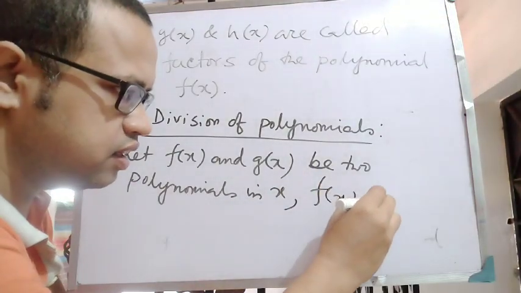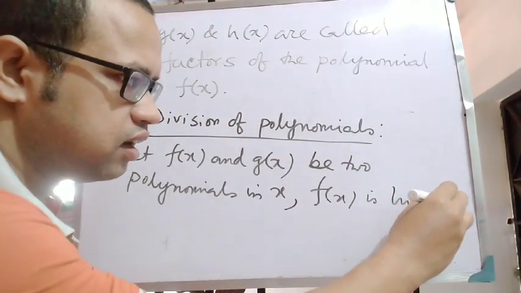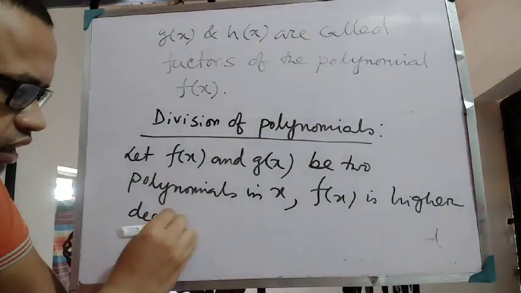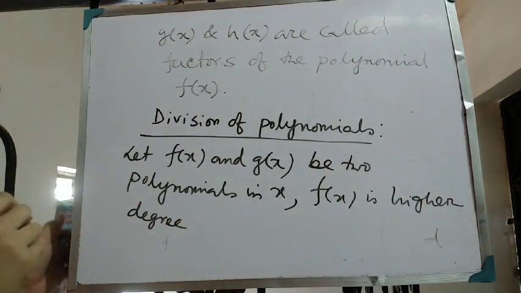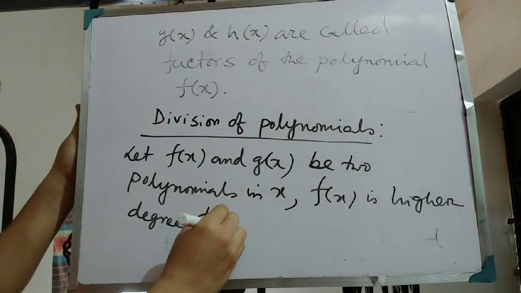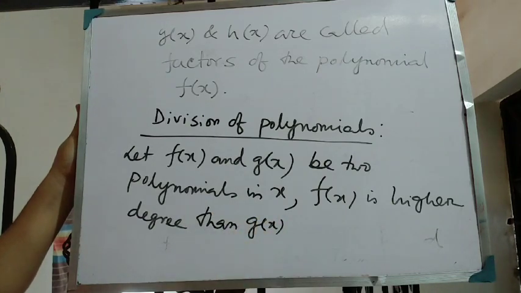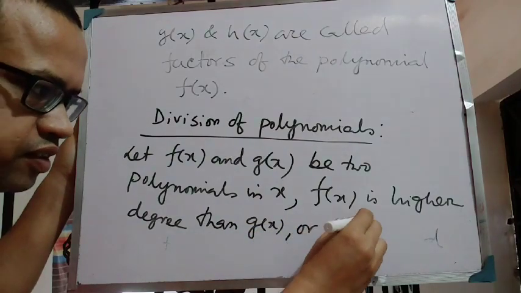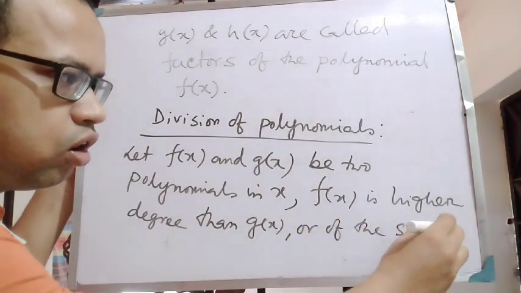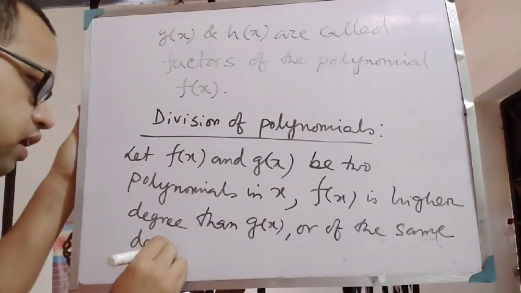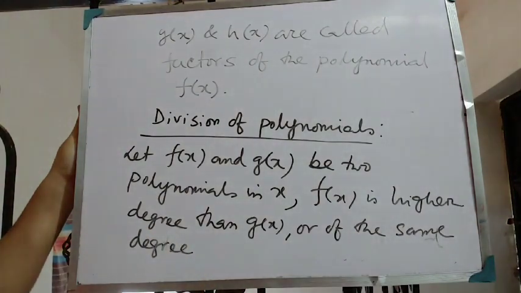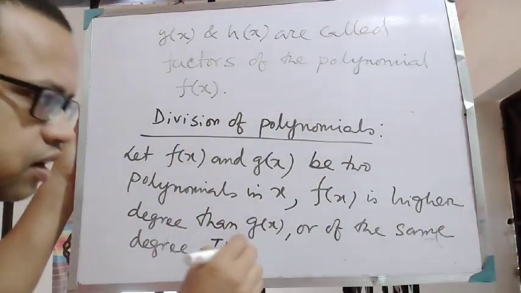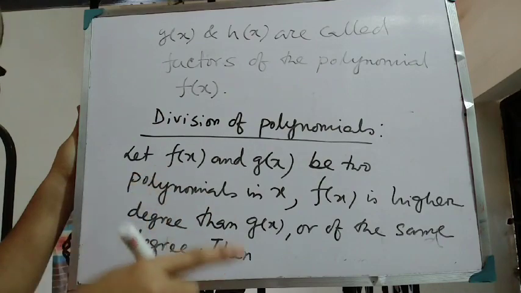If f(x) is of higher degree than g(x), or of the same degree, then division of f(x) by g(x) is possible.